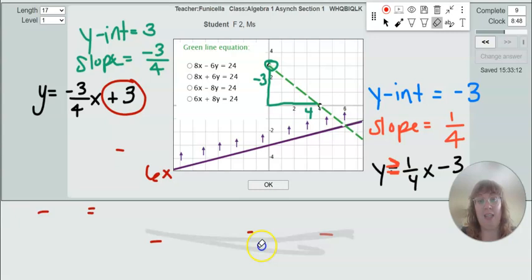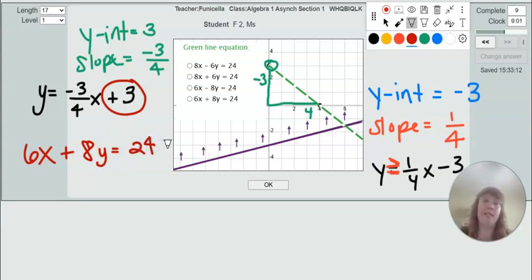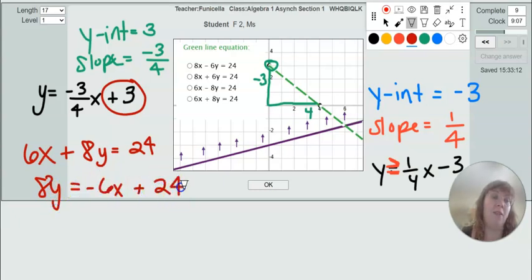But our slope is supposed to be negative, and our y-intercept is supposed to be positive. So I have a feeling it's going to be the last one, but let's just check to make sure it works, because I be making the mistakes. So we have 6x plus 8y equals 24, minus 6x on both sides, and we get 8y equals -6x plus 24.